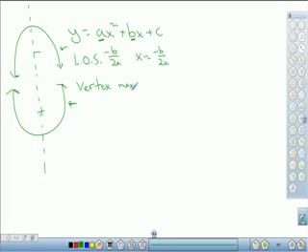It reflects on both sides, your line of symmetry. Anybody remember the formula for the line of symmetry? Negative b over 2a. All right. And it's a vertical line, so it actually ends up being x equals negative b over 2a.